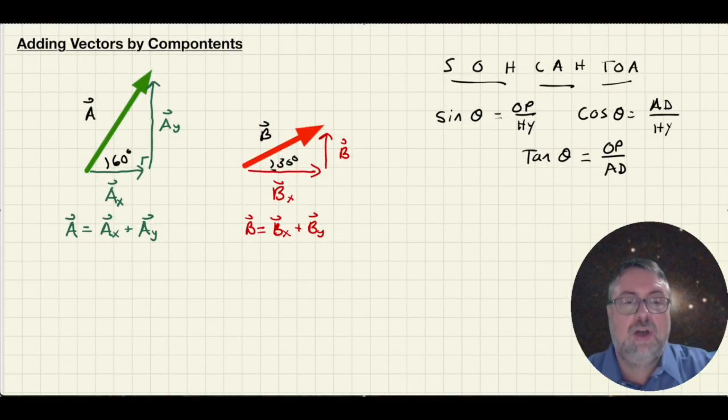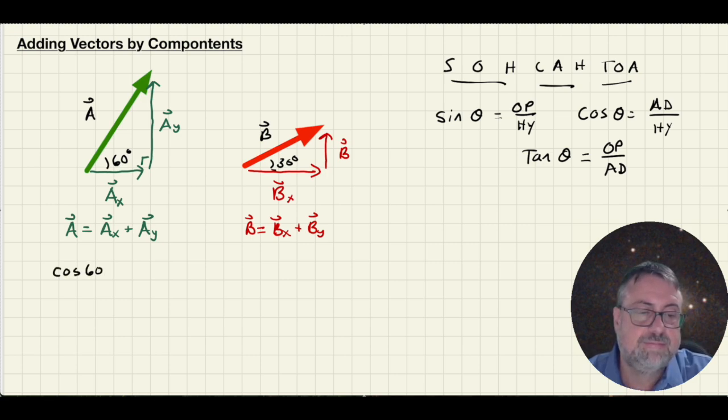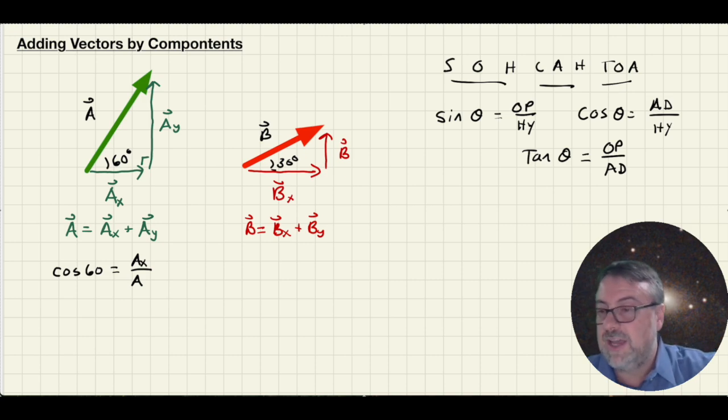All right, so AX touches 60 degrees, so that is the adjacent side. So I can say that cosine of 60 is equal to the magnitude of AX divided by the vector A. The actual vector is always the hypotenuse.